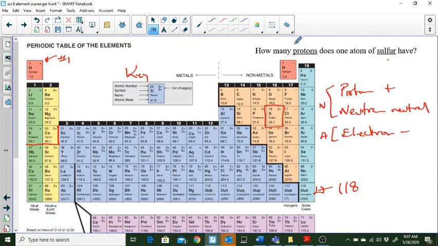All right, so here we are talking about the protons. Well, nowhere on here does it talk about protons. So we have to remember that the number of protons is equal to the atomic number. The number of protons, the atomic number, defines the atom.